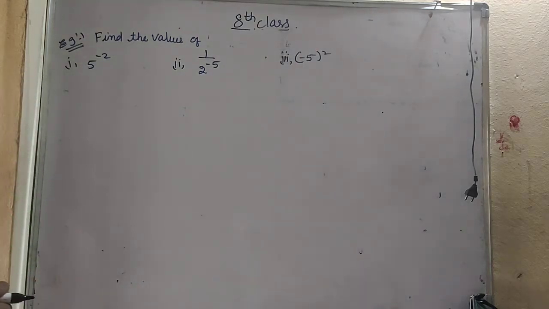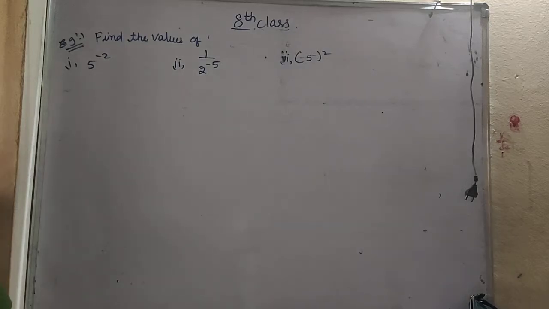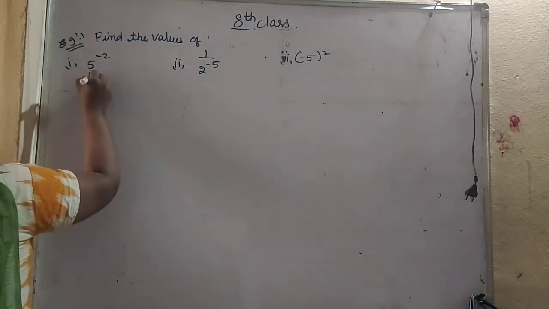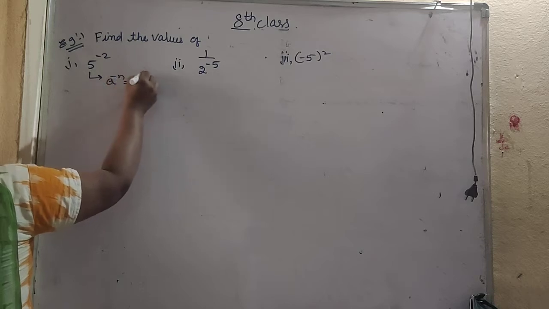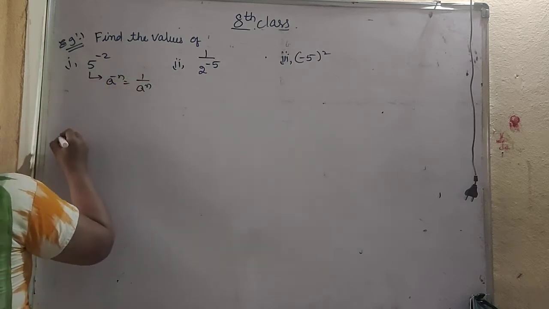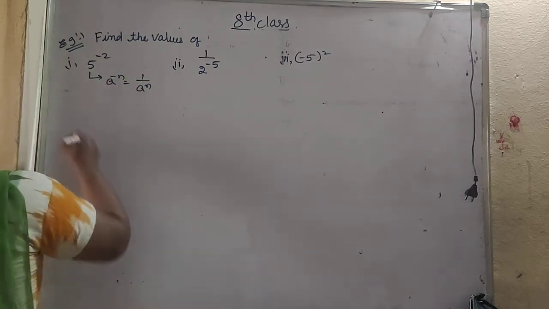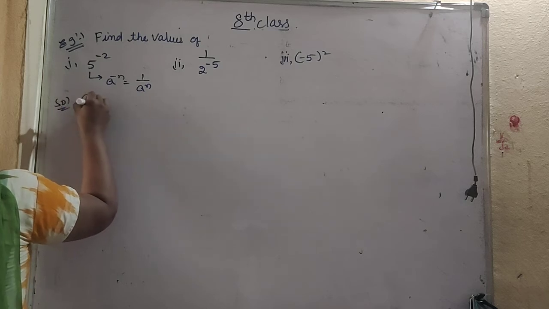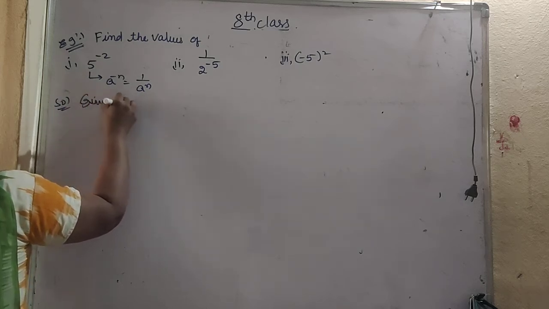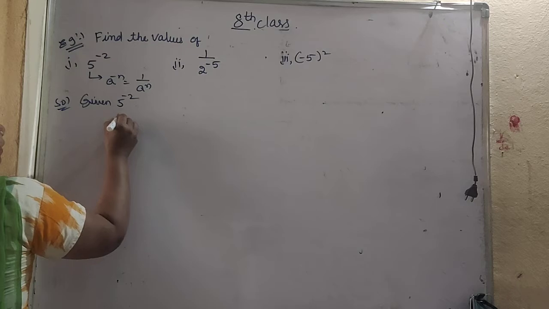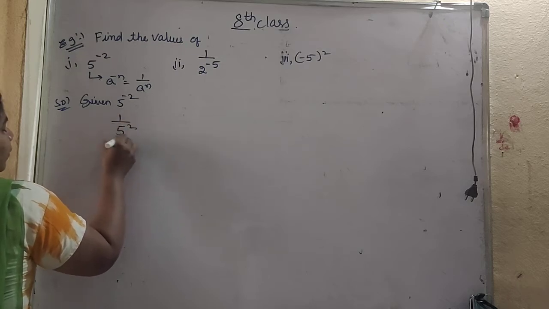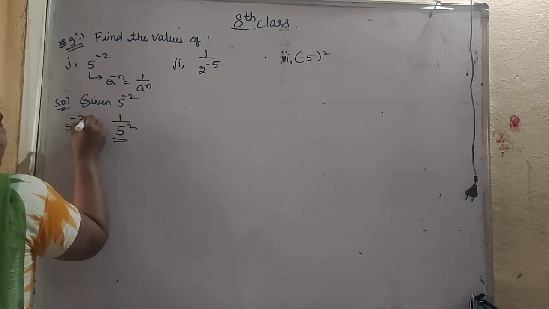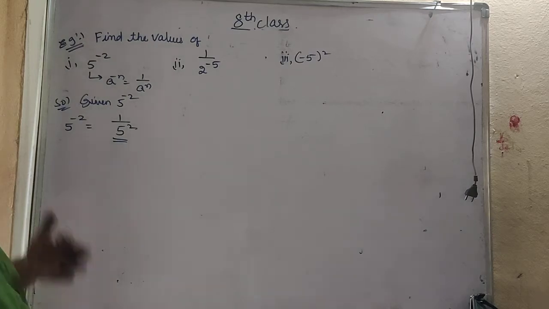So now we have to find this. Now here this is in the form of a power minus n, so we can write it in the form of 1 by a power n. So here, given 5 power minus 2, this one we can write in the form of 1 by 5 square. So here 5 power minus 2 is nothing but 1 by 5 square.